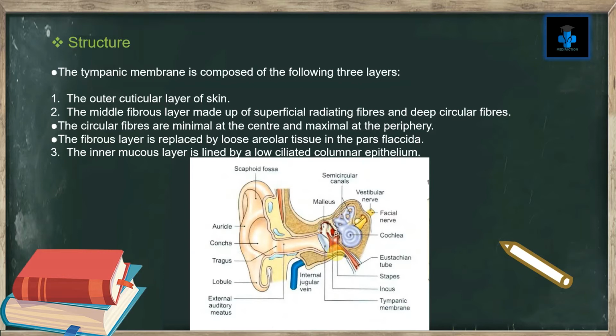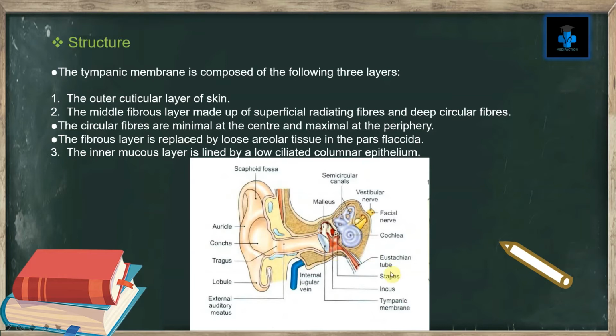The circular fibers are minimal at the center and maximal at the periphery. The fibrous layer is replaced by loose areolar tissue in the pars flaccida. Number three, the inner mucous layer is lined by a low ciliated columnar epithelium.